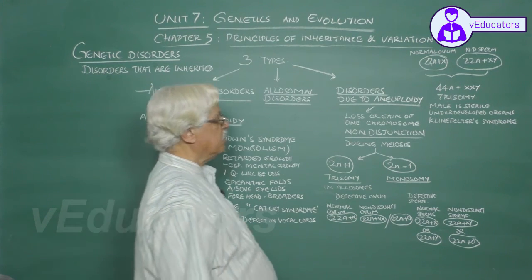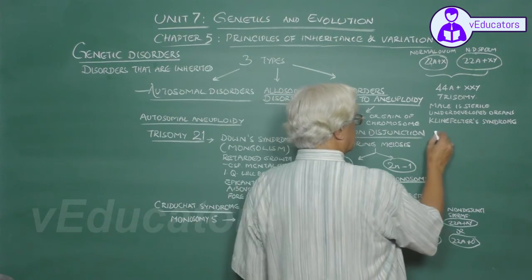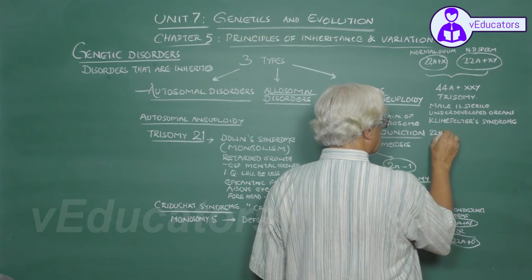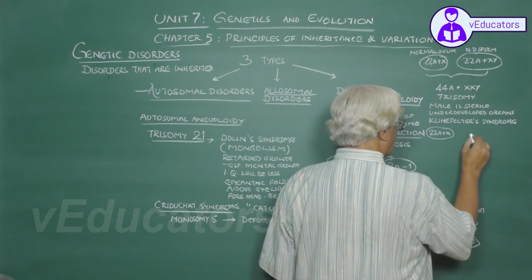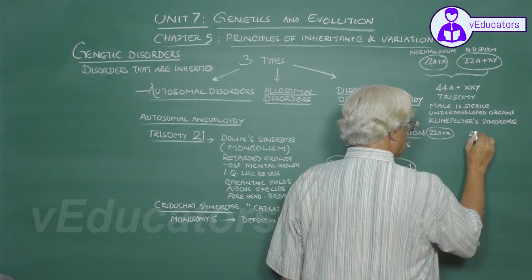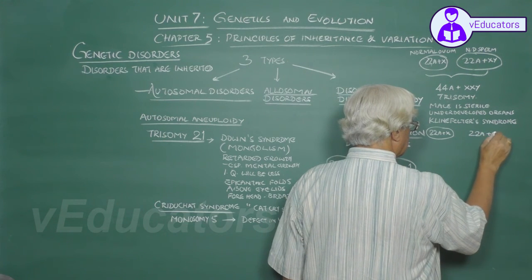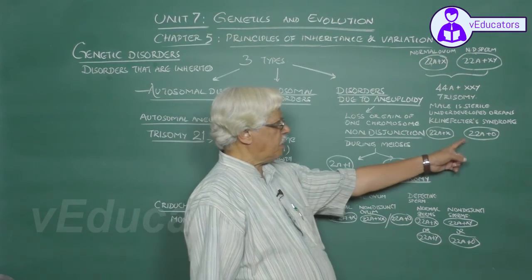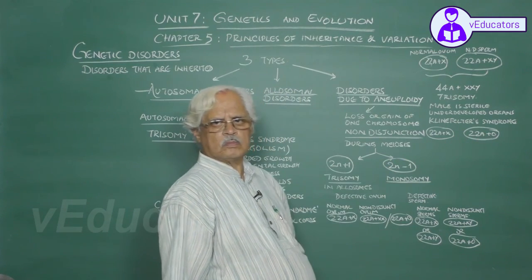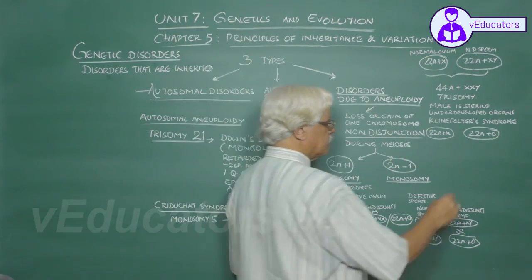Think of another possibility: a normal ovum with a non-disjunct sperm, 22A plus O. This is one possibility.